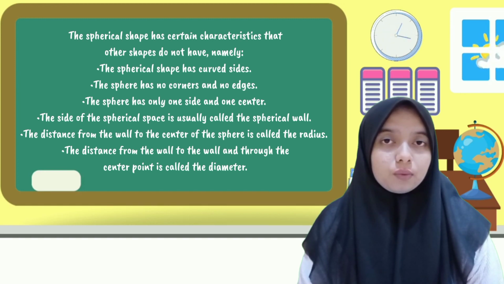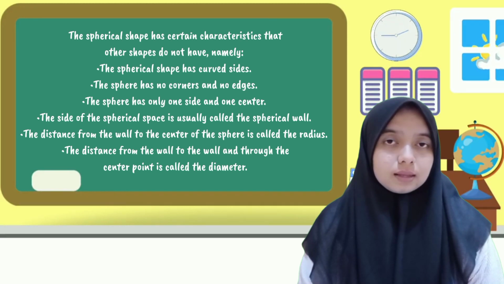The side of the sphere is usually called the spherical wall. The distance from the wall to the center of the sphere is called the radius. The distance from wall to wall through the center point is called the diameter.